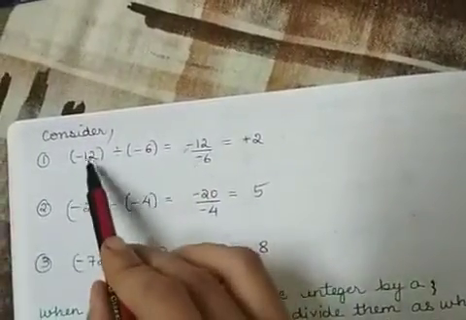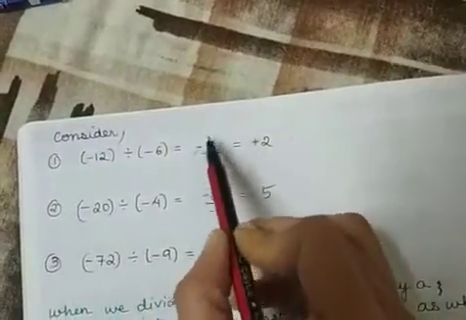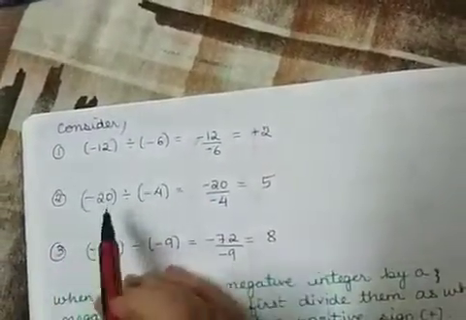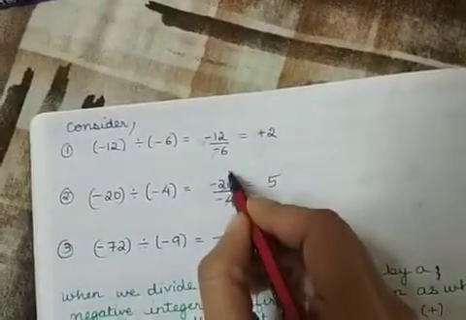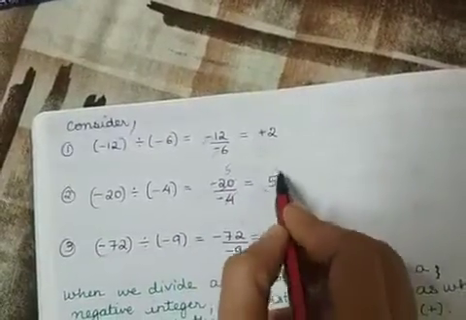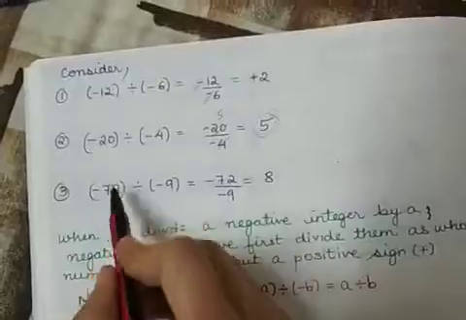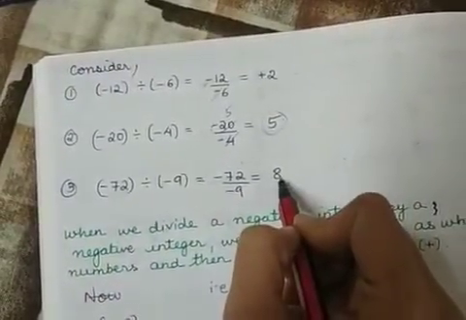So minus 12 divided by minus 6 is plus 2. 6 2s are 12. Similarly, minus 20 divided by minus 4 will be 4 5s are 20, and the signs will get cancelled, so you get plus 5. Minus 72 divided by minus 9 is equal to 8.